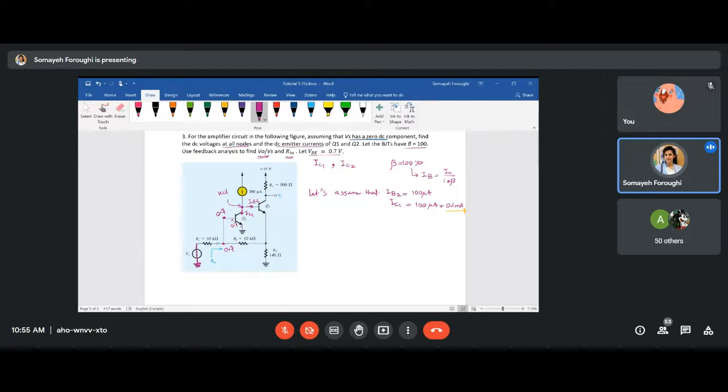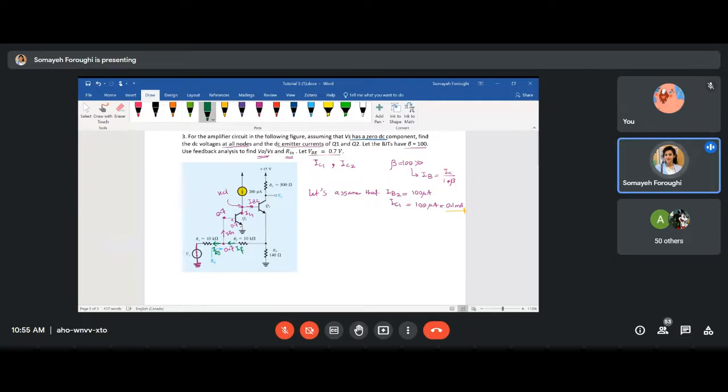And what is happening? There is an I base 1. If you want to write a KCL, there is I base 1 getting out of this node while there is a current, let's say IRS, and this is I feedback. These two are entering.